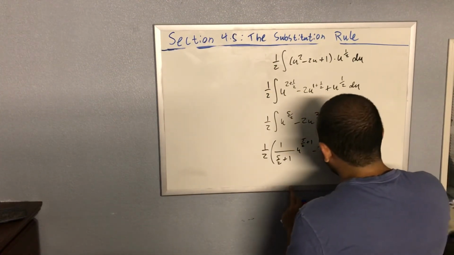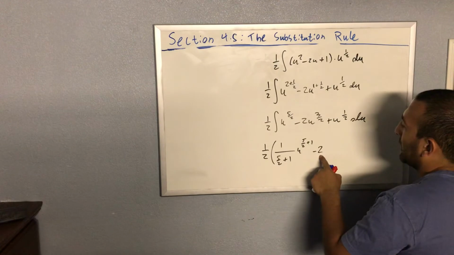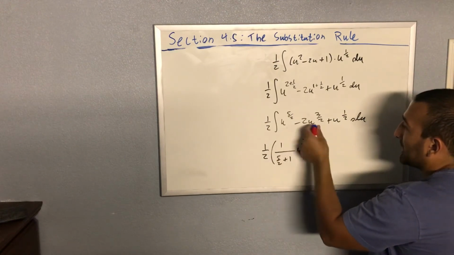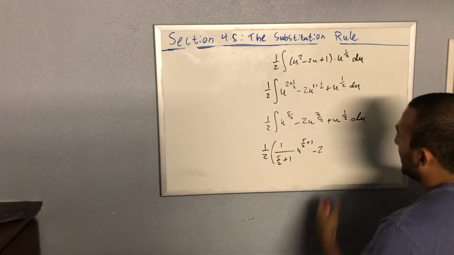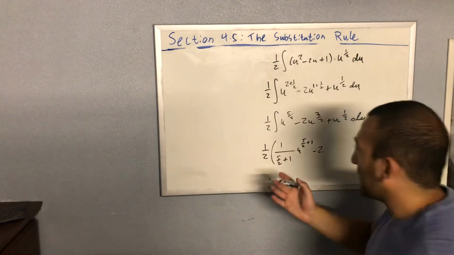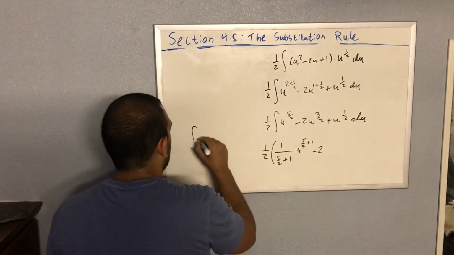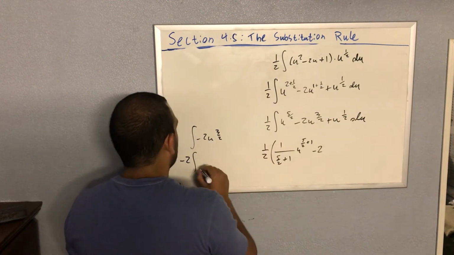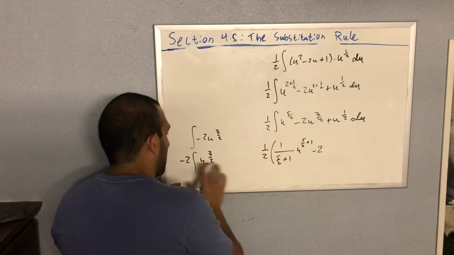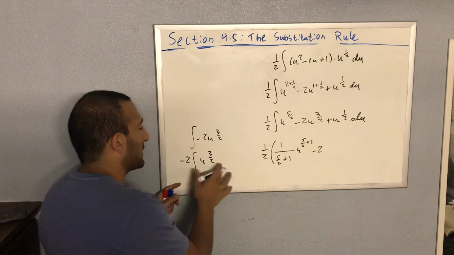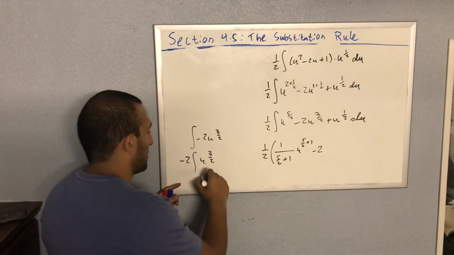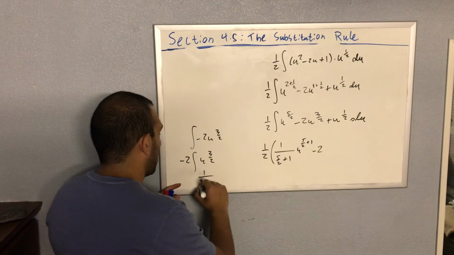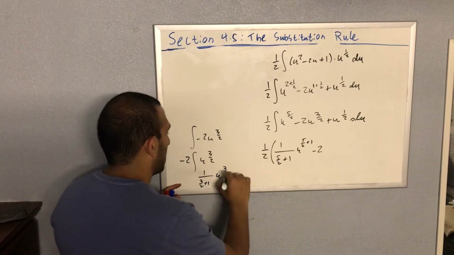and then 2. So this 2 here, remember, if we split this into 3 integrals, you can see the 2 would just come out in front of the integral, right? This would be the integral of negative 2 u to the 3/2, and then you'd pull the minus 2 out. So the minus 2 is going to multiply whatever the integral of this is, which is the 1 over 3/2 plus 1, 3/2 plus 1.